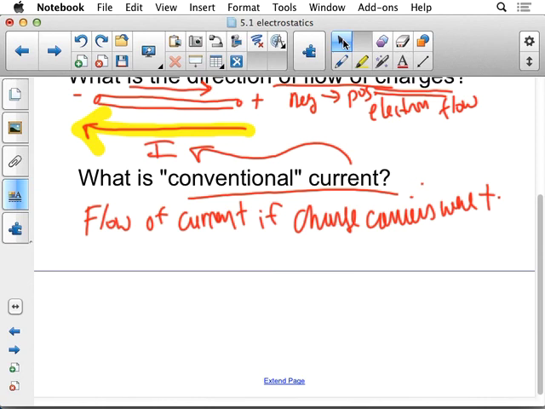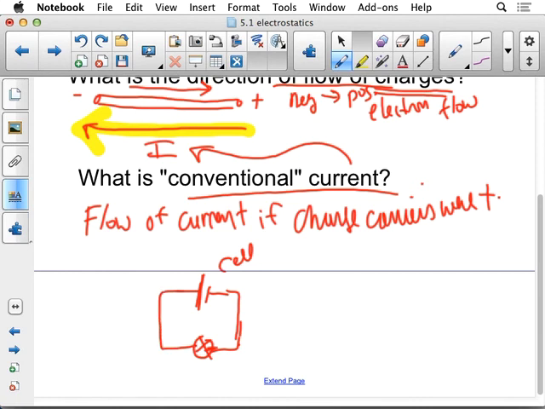So in a circuit, keep in mind then, I'll draw a picture of a circuit here. Supposing we have a battery or cell, and we have a light bulb in our circuit, which I will draw with this symbol right here.